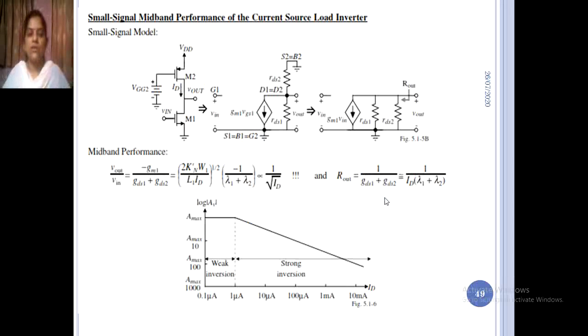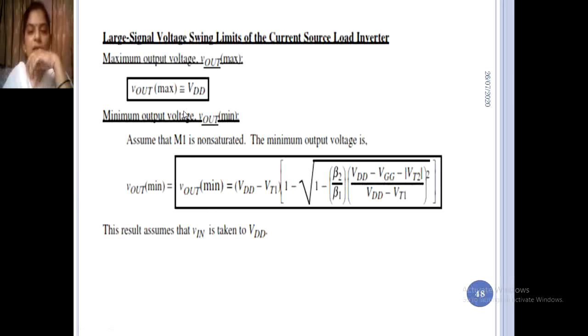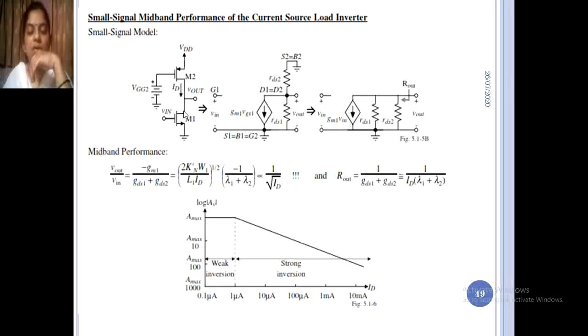So the small signal midband performance of the current source load inverter is given by this small signal model. So what are the small signal models? The current source, then this one.